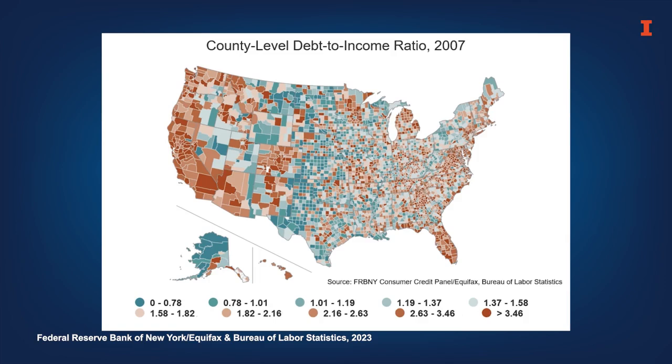As you can see, many counties have households with debt that is more than 3 times their annual income. With such high borrowing relative to annual income, changes in the interest rate may have sizable effects on household finances.